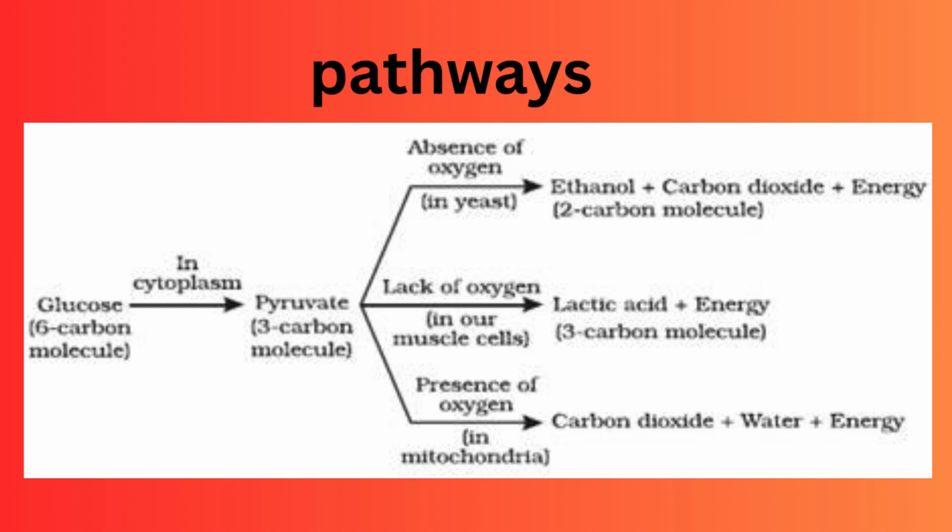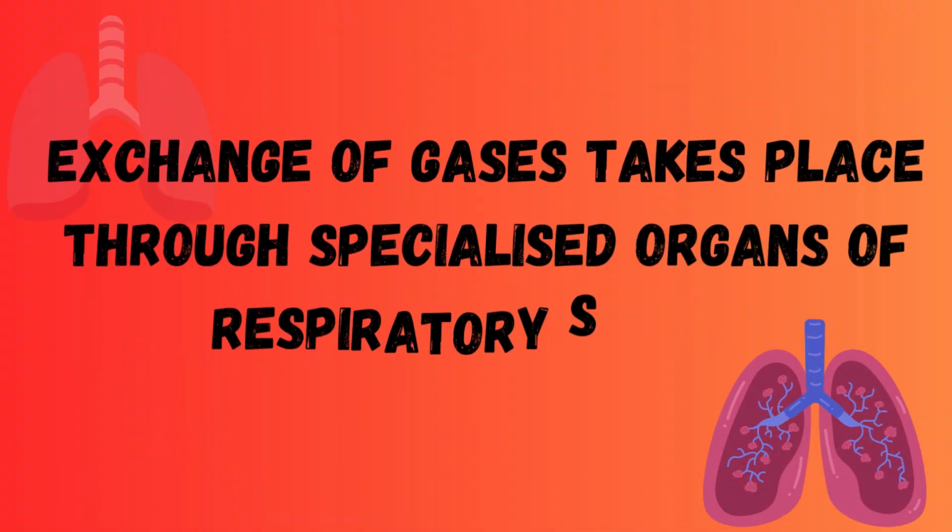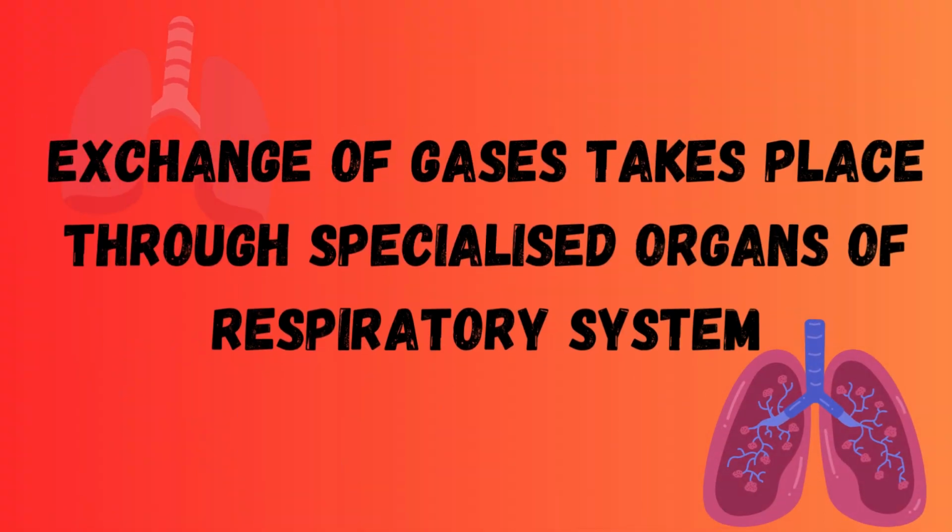Pyruvate is broken down in the presence of oxygen to give 3 molecules of carbon dioxide and water. This process takes place in mitochondria. Pyruvate is converted into lactic acid, which is also a 3-carbon molecule, when there is a lack of oxygen in our muscle cells. During heart racing or exercise, the oxygen supply may not be enough for the needs of the muscle cells. Exchange of gases takes place through specialized organs of the respiratory system.